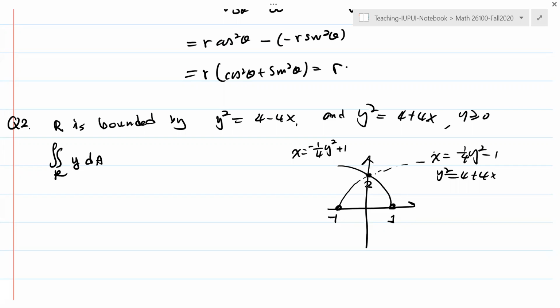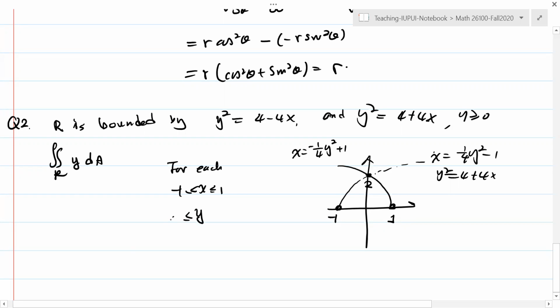Now let's set up the iterative integral. For each x between -1 and +1, the y value is between 0 and some function. That function depends on the location of x. Which one is on the left?